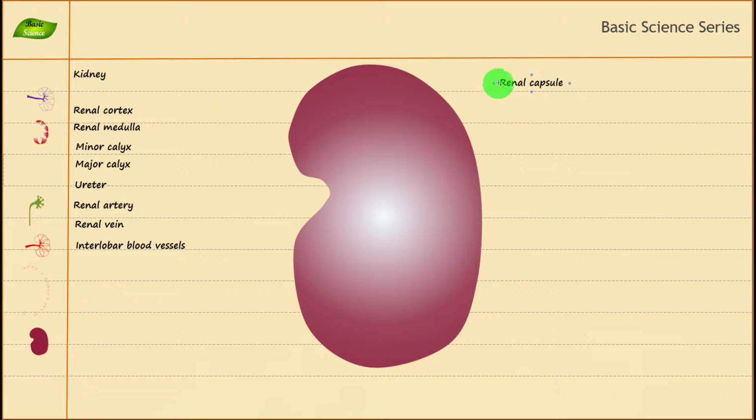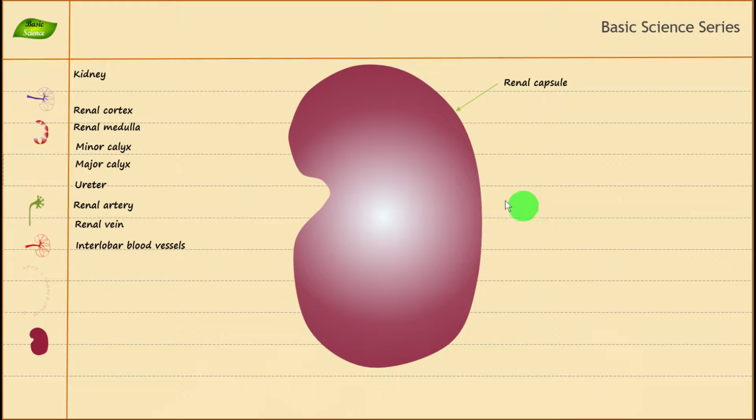I'm going to label this the outermost layer like this, so you can see the outermost thin layer of the kidney is the renal capsule. And by the way, the word renal is used for kidney, and the word hepatic is basically used for the liver components, or the liver.